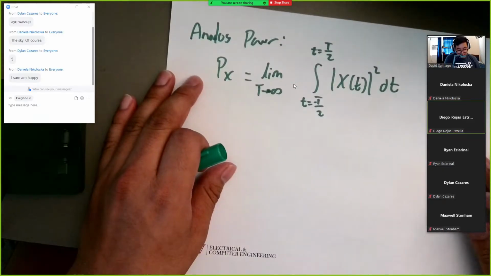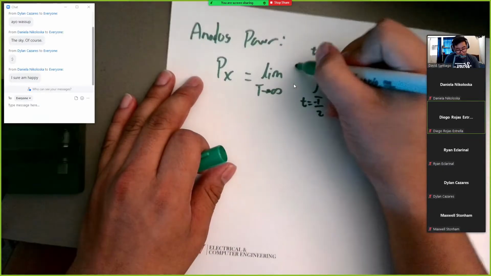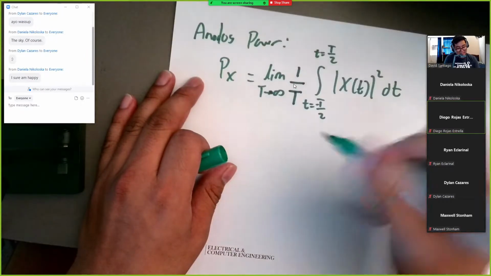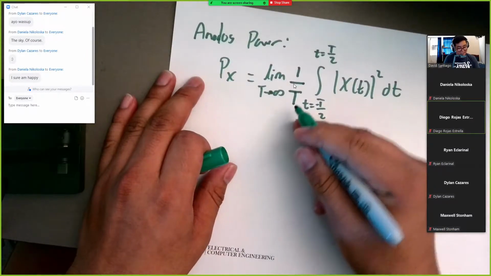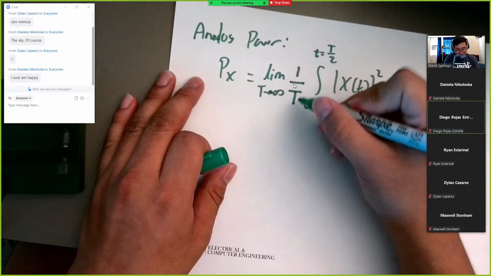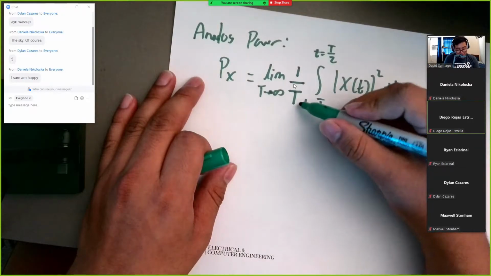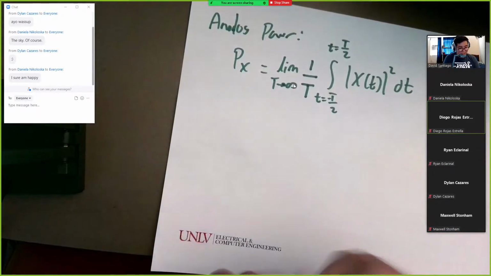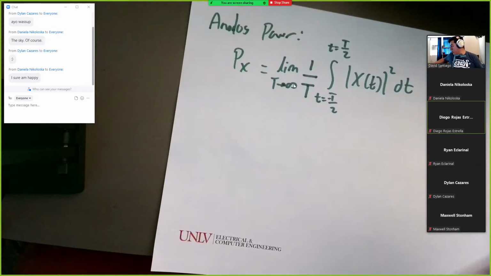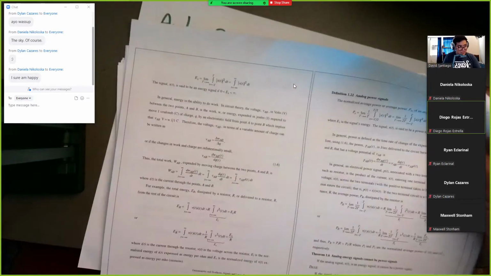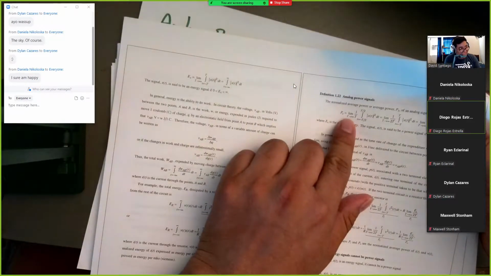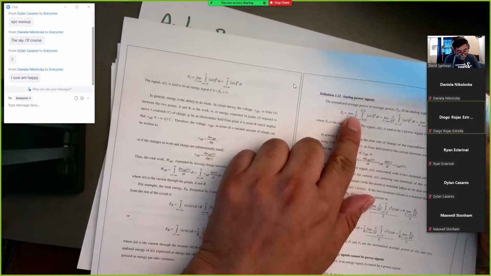And we divide it all by time, depending on how long our time is. Actually, I think this should be just that time. Let me see if I got that right. There we go. You want your hard definition? There you go, 1 over t.